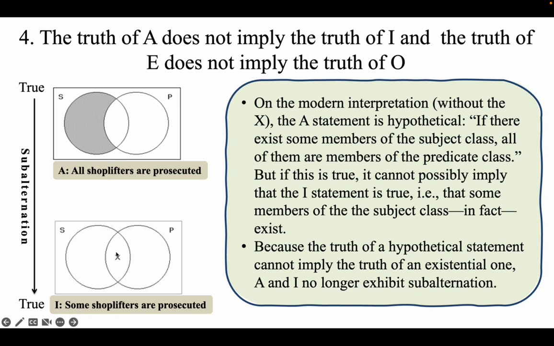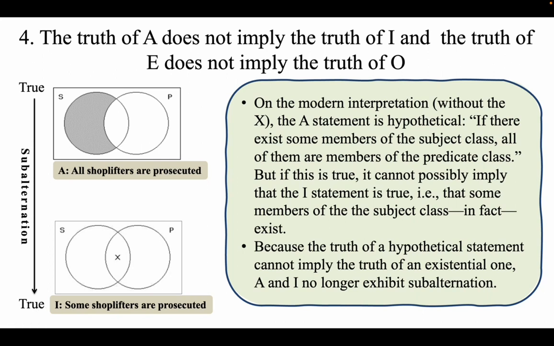Consequently, if the particular statement I shows an X, it means that it makes an existential claim. It says there are members inside the class of the subject shoplifters. But this would be false. So, a true universal does not imply a true particular.